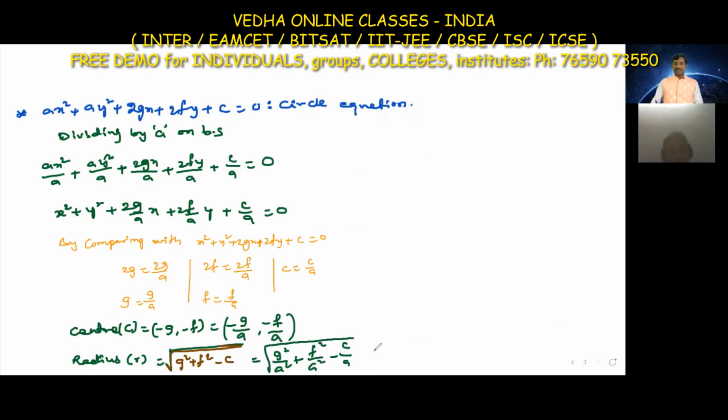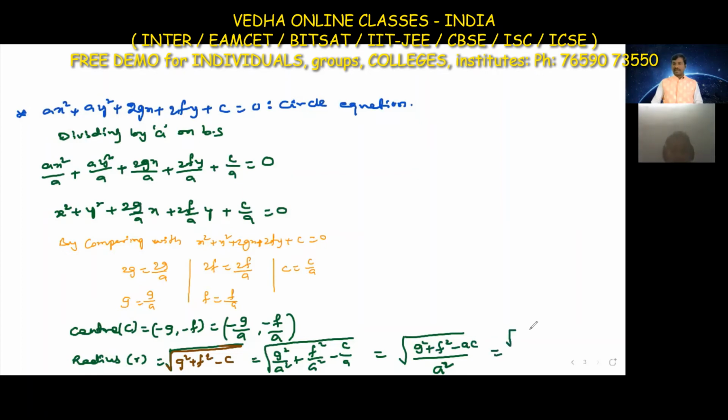We can take it as it is, or we can simplify also by taking LCM, which is a square. So in the numerator we get g square plus f square minus ac.